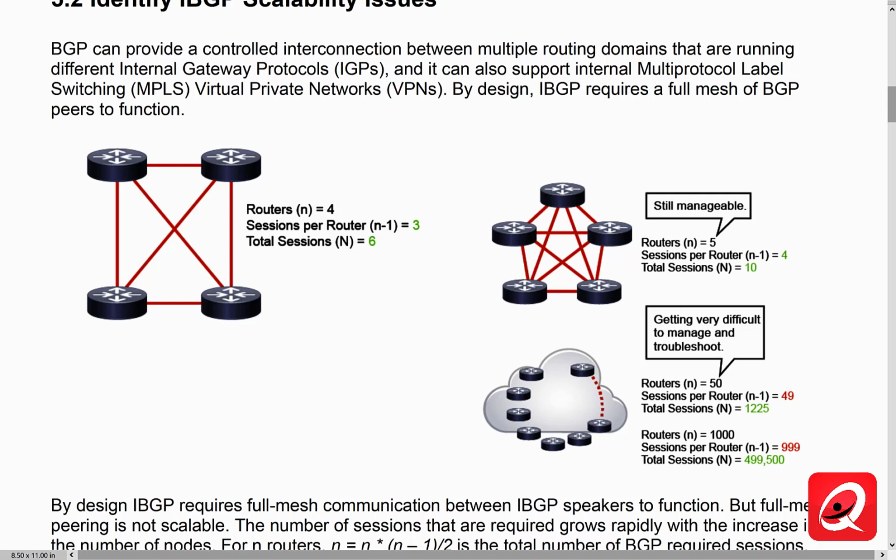We're trying to get rid of the need for that full mesh functionality. The internet itself is made up of lots and lots of different autonomous systems, and they all group together to form the internet. The egress router at the border of an autonomous system uses BGP to exchange routes on an external BGP peering session with the peer router.